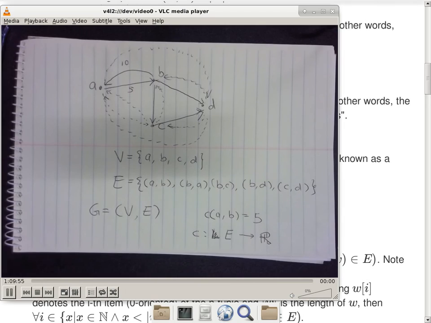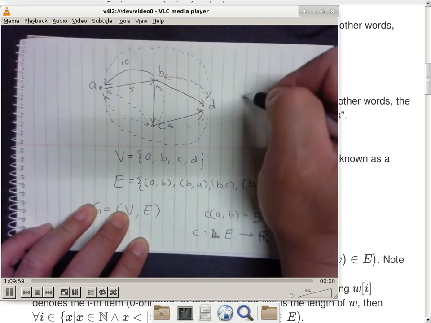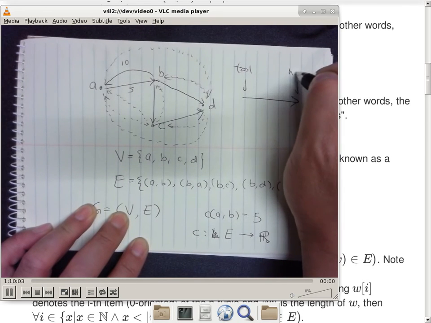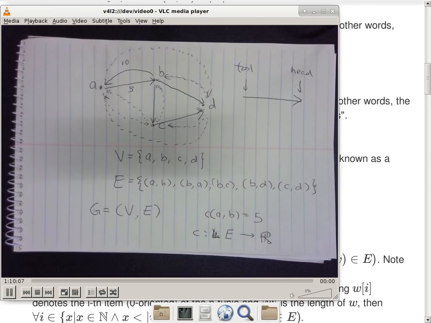When you look at an arrow, this is considered the tail of the arrow, and this is considered the head. So when you look at the vertices on an edge, the one that is the tail is the first item of the two-tuple. The head is actually the second item of the two-tuple. But this is because of the arrow terminology more than anything else.